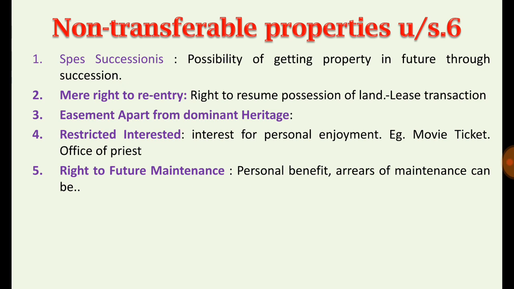So she can get the maintenance from her husband, but this right is available to her, she cannot transfer it to a third person. So this is also a property that cannot be transferred.